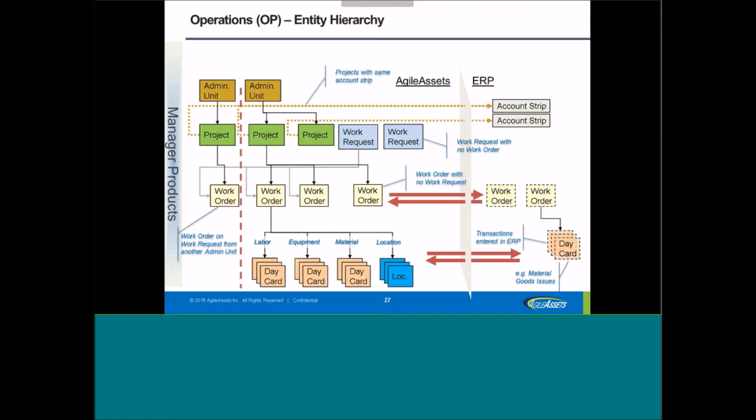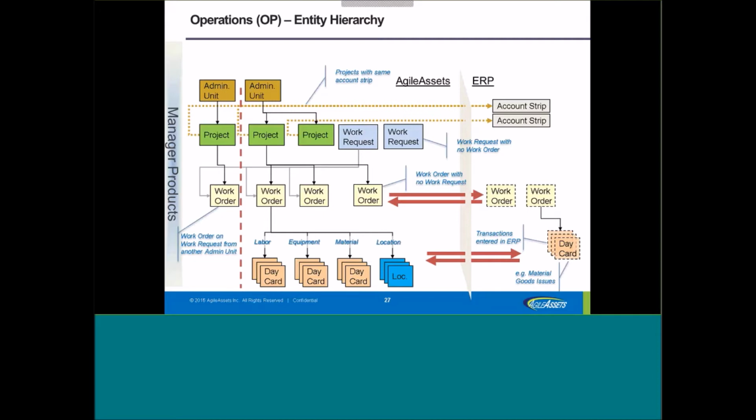Those accounting codes roll down to your work orders as you create work orders under those projects. They automatically inherit that account code information so that you can interact with the SAPs and the PeopleSofts and your financials later on down the line. So that's the projects. You can see that each project belongs to one and only one admin unit.